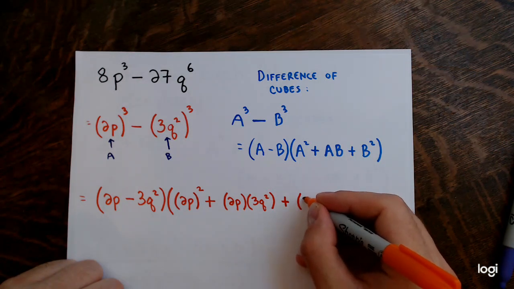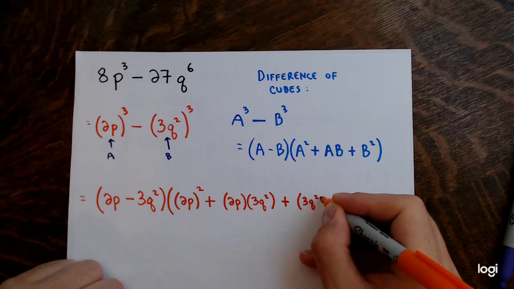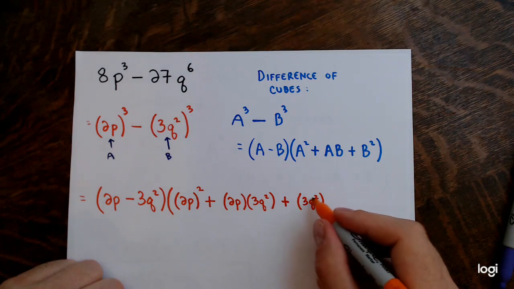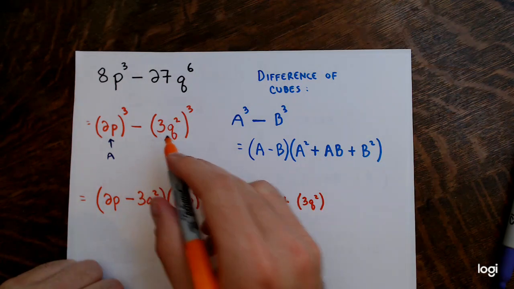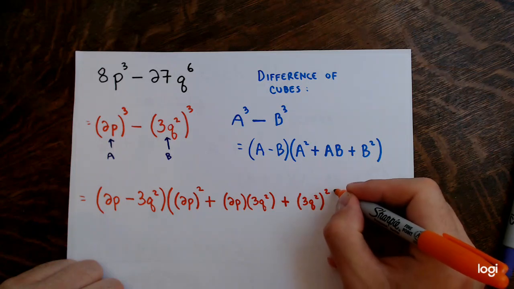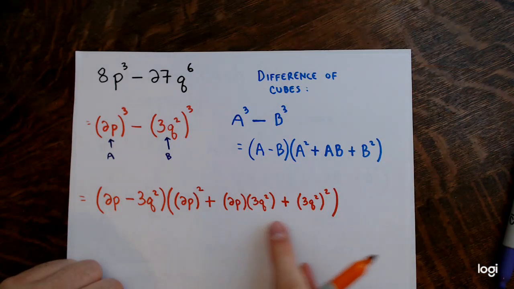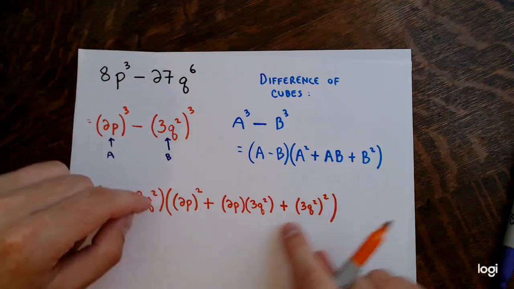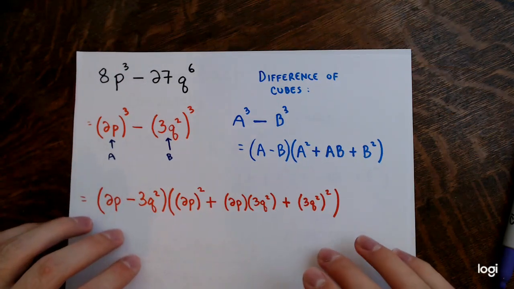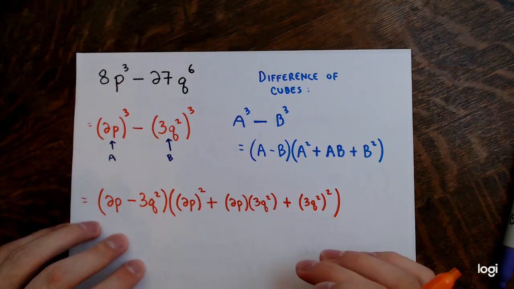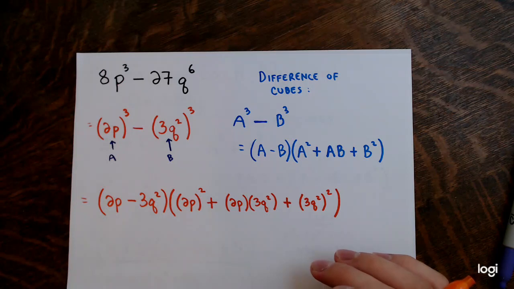And then B squared, so this 3q squared, all in parentheses, this whole thing is the B, squared. I know there's lots of parentheses here, but we got the big ones closing off all three of these.